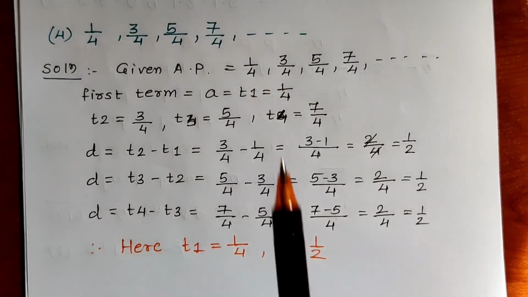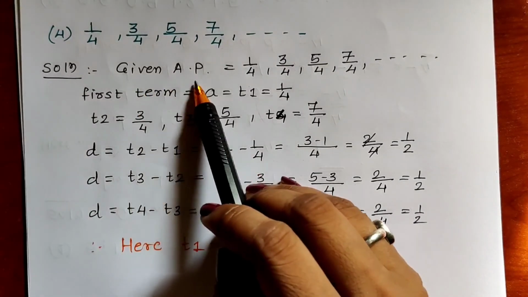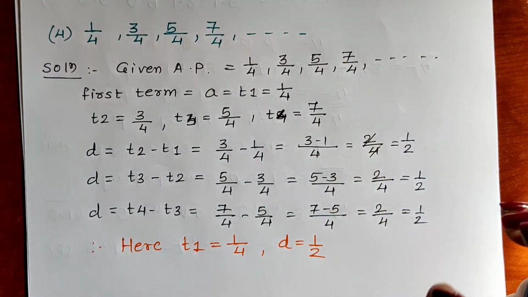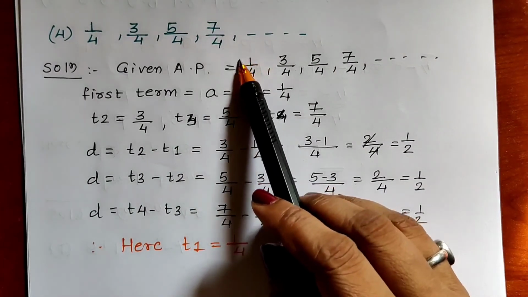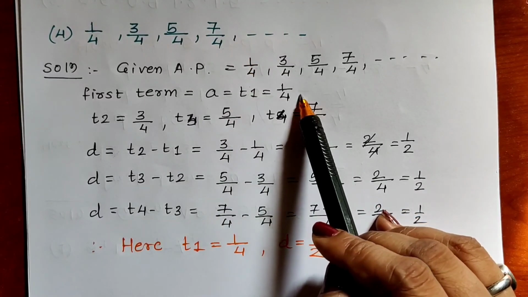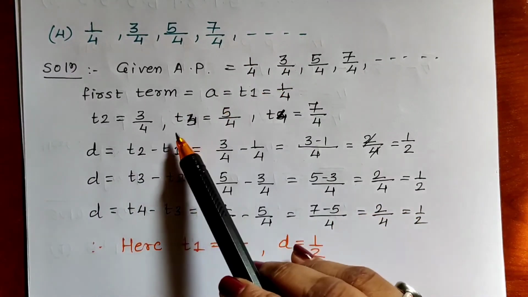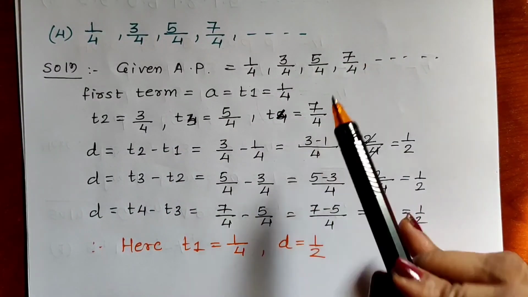1 upon 4, 3 upon 4, 5 upon 4, 7 upon 4. So given AP, we write 1 upon 4, 3 upon 4, 5 upon 4, 7 upon 4 and infinite. First term A is equal to T1 is equal to 1 upon 4. Then T2 second term 3 upon 4, T3 third term 5 upon 4, T4 fourth term 7 upon 4.